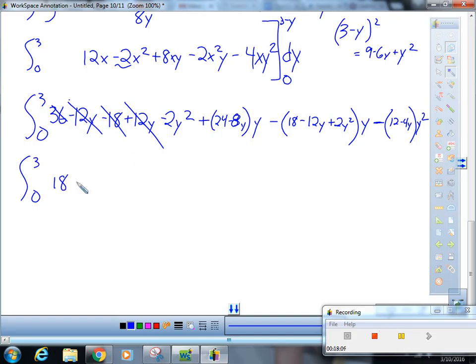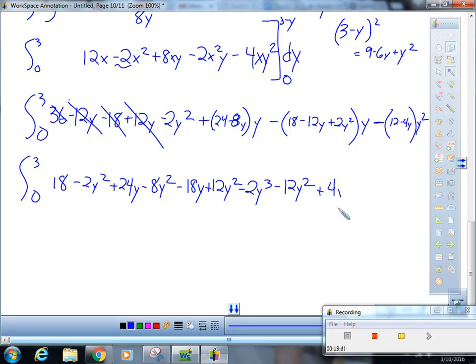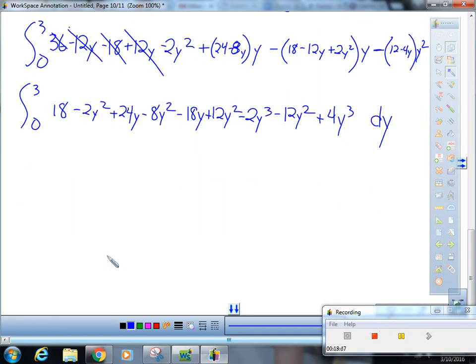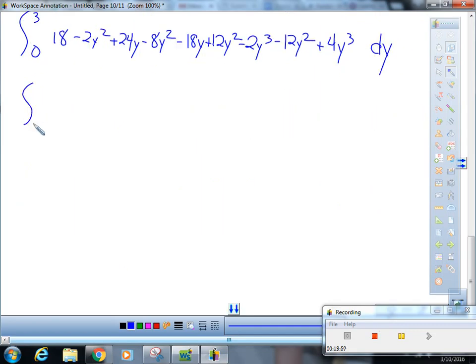Minus 2y squared plus 24y minus 8y squared minus 18y plus 12y squared minus 2y cubed minus 12y squared plus 4y cubed, dy. Integral from 0 to 3.